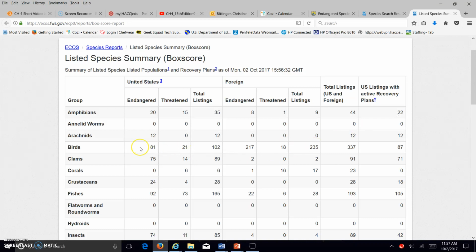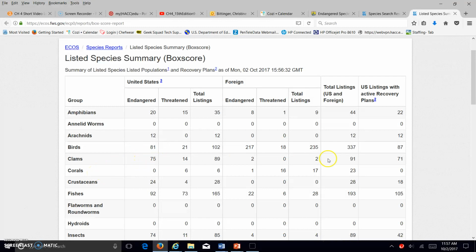There are more birds that are considered endangered than amphibians. Overall, in the United States, 102 bird species versus 35 amphibian species, and 235 species of birds internationally, for a total of 337 bird species that are considered endangered or threatened. For corals, we're just now evaluating this group in terms of endangered and threatened status as a result of the coral bleaching that's going on.